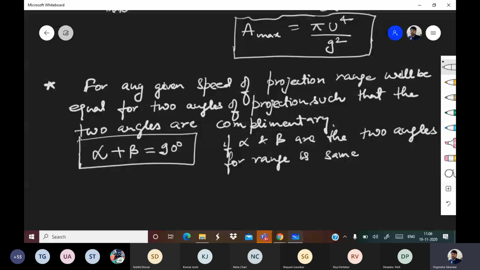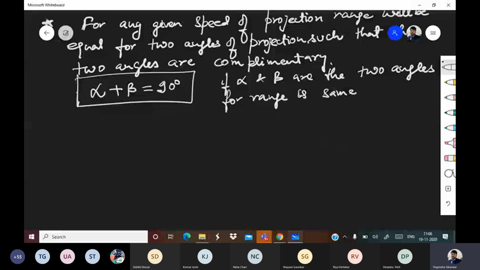Just to give you example how it is beneficial. Pay attention. Suppose as we are talking about army and war, suppose this is a small hill. And enemy soldiers are hiding behind it. And this is our Indian army. Here we have our tanks.